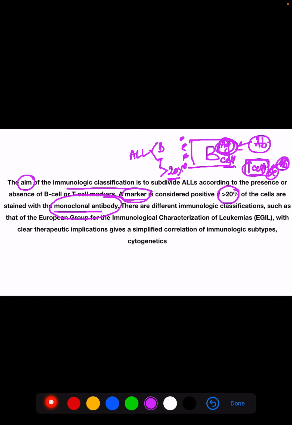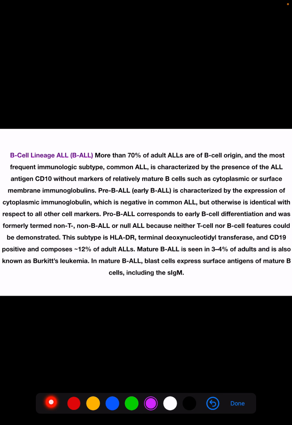A marker is considered positive if greater than 20% of the cells are stained with the monoclonal antibody. There are different immunological classifications, such as that of the European group for the immunological characterization of leukemias, with clear therapeutic implications and immunological subtype cytogenetics.